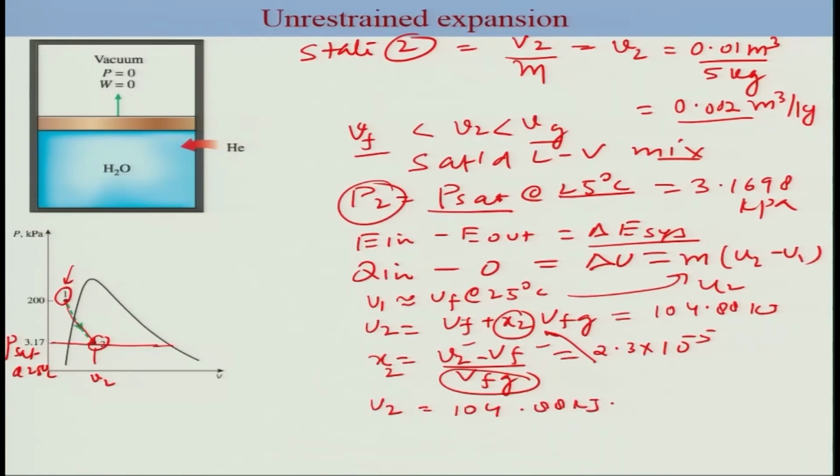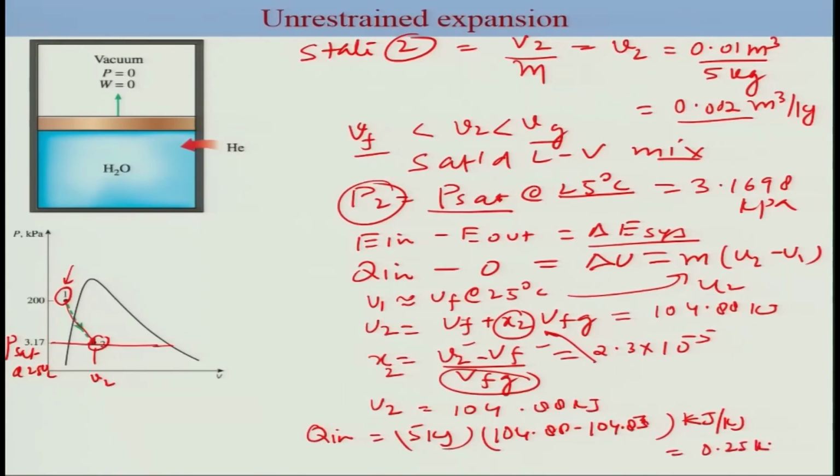Now you can find Q in, because Q in is now 5 kg times this value, 104.88 minus 104.83, and this is of course extremely small. This is in kilojoules per kg, and this turns out to be 0.25 kilojoules.